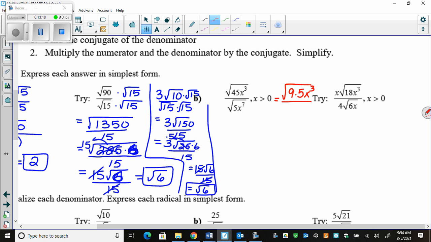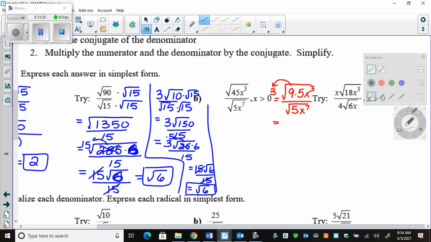And the bottom, I'm just going to leave, because it's sometimes more complicated to touch it. So up here, I'm going to get a 3, and the x cubed, I can take 2 out. I can take 2 of these out for 1, so I get an x, and I'm left with 1, and this is gone.